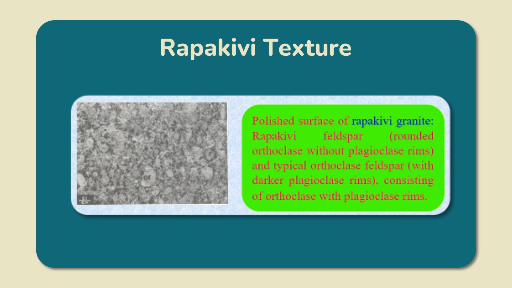Polished surface of a Rapakivi granite: rounded orthoclase feldspar, typical orthoclase with darker plagioclase rims. Here you have the darker plagioclase rims, consisting of orthoclase with plagioclase rims. Finally, how it looks under the microscope.